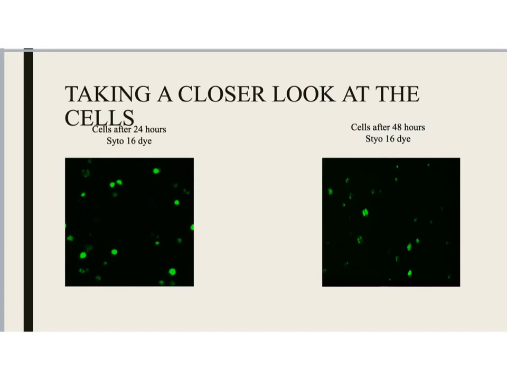So next, let's take a closer look at the cells. On the left, these cells are after 24 hours of incubation in the Cyto16 dye. This dye is a fluorescent DNA binding dye which allows you to visualize nuclear condensation and blebbing. So here you can see that we did see forms of apoptosis.